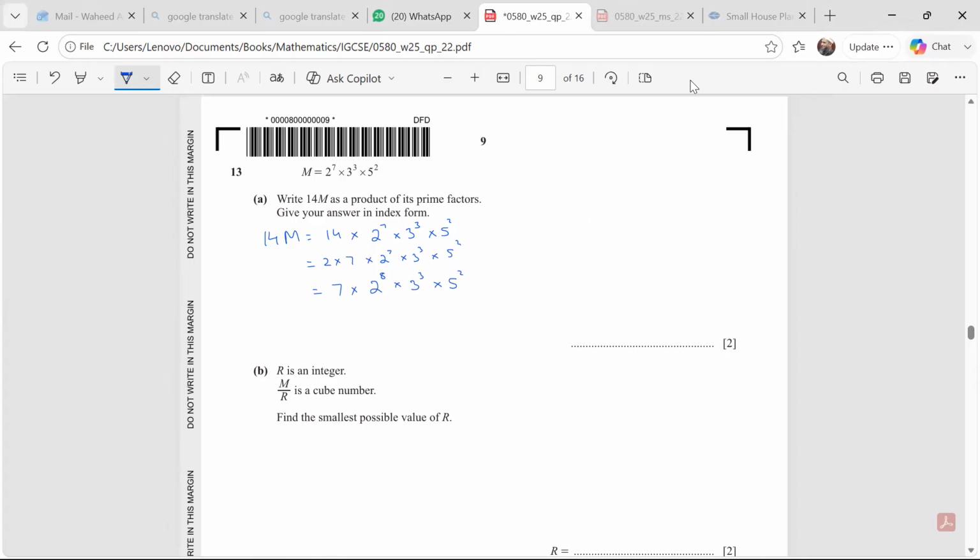Okay, I will clear. Now, R is an integer, and n over R is a cubic number, and we need the smallest possible value of R. Okay, very good.